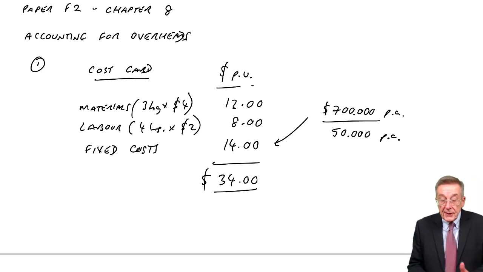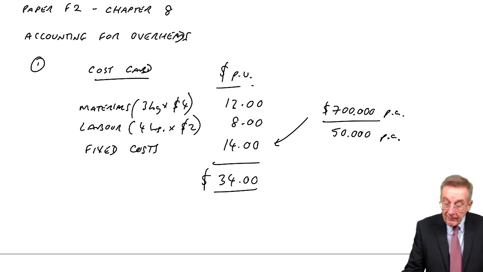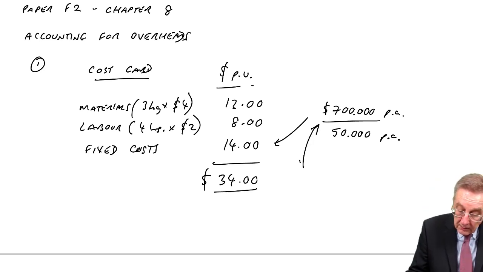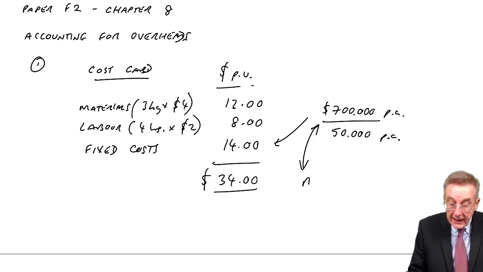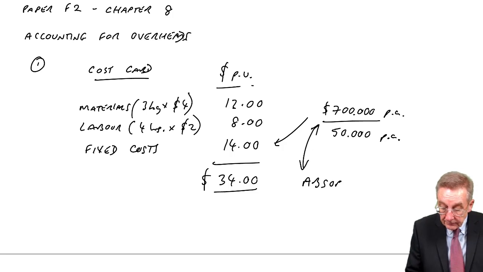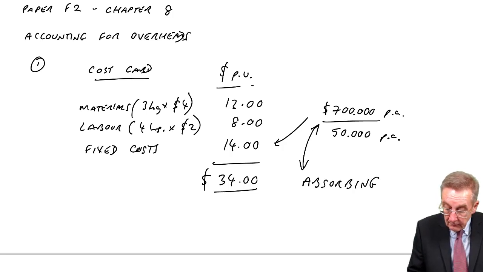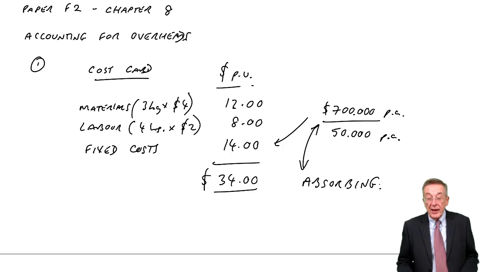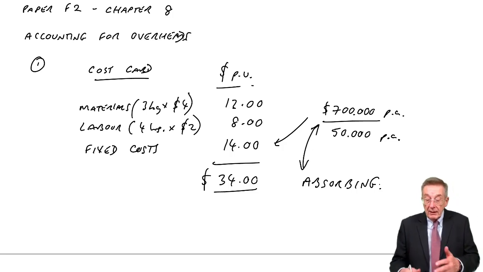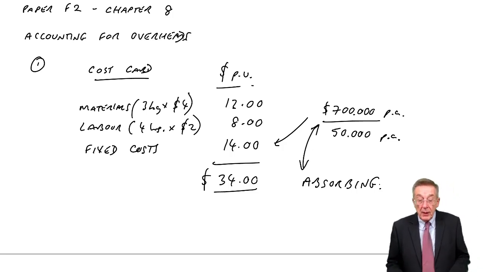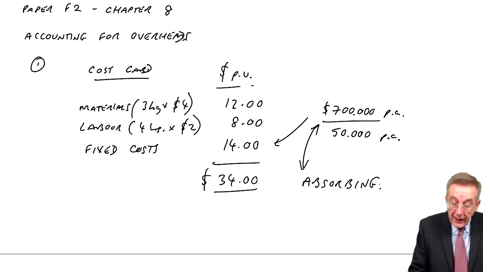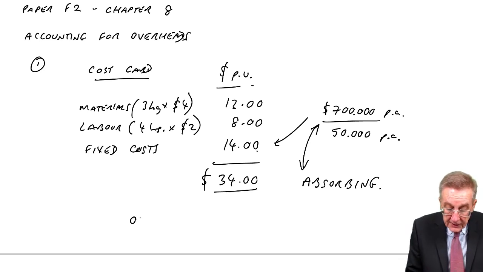Now that exercise of getting the fixed cost, dividing the total by the number of units, we say is absorbing overheads, is charging overheads in the way we have done, and that $14 is called the overhead absorption rate.